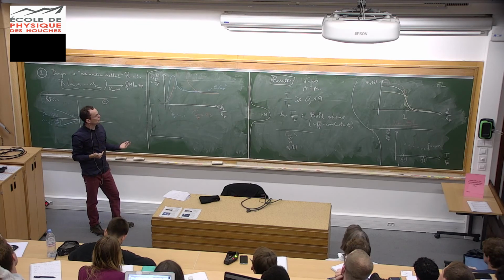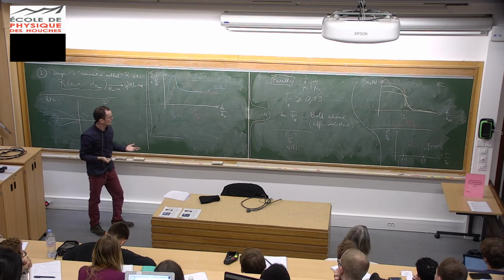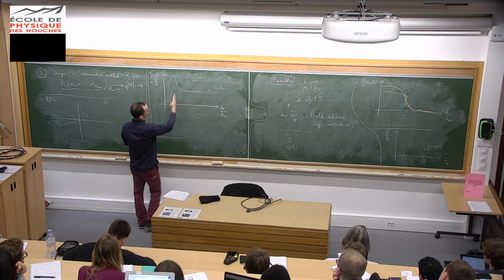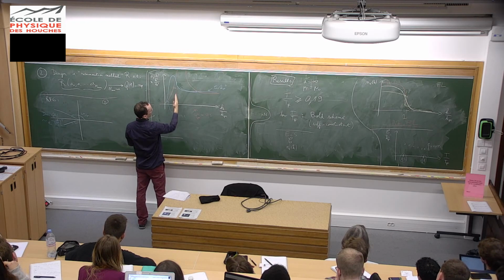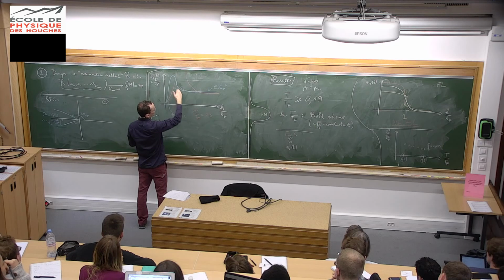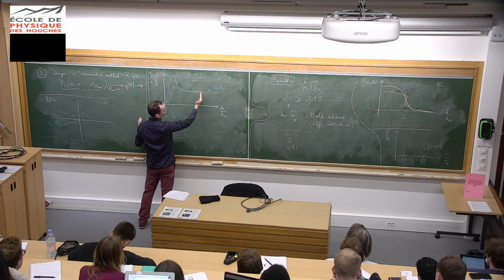However, there is another effect which goes in the opposite direction. At low temperature, you start reaching this plateau much earlier. And the higher the temperature, the further away you reach the plateau.